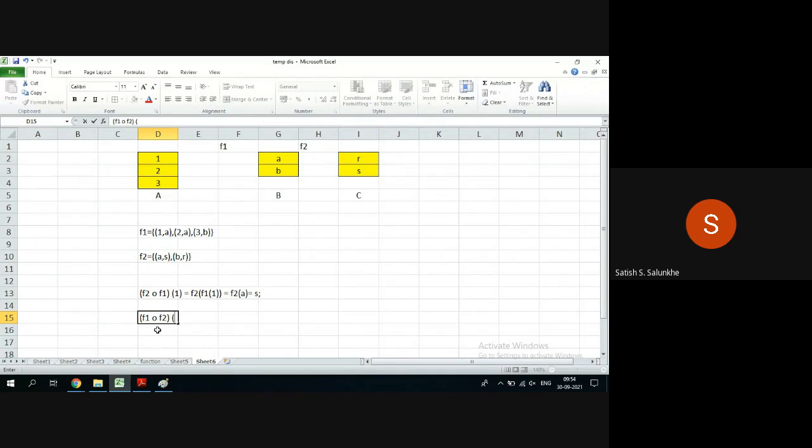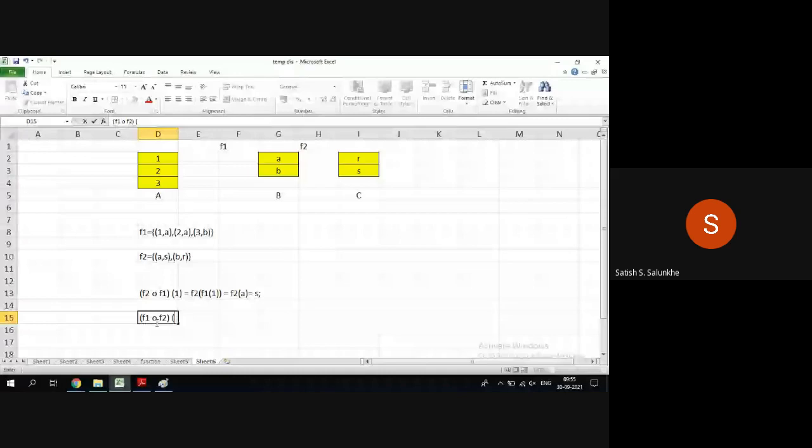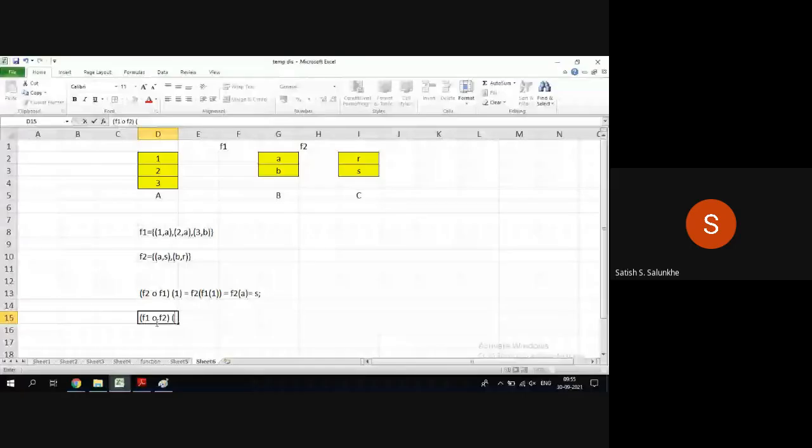Similarly, f1 composition f2 is from which set to which set? Can anybody tell me? Yeah, Chetan, can you unmute?